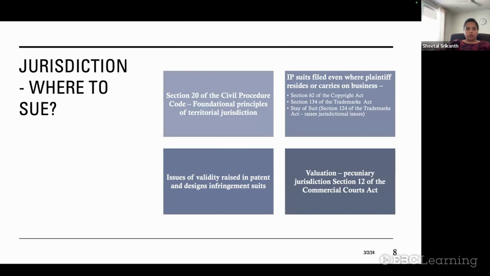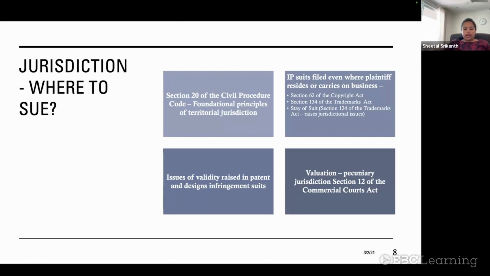So this is very different from how CPC otherwise applies, because you don't allow a person to file a suit where they reside or carry on business. They have to go to the jurisdiction of the defendant whom they are trying to pursue, right? But only in the cases of intellectual property, for the sake of convenience, we allow the plaintiff to sue where he resides or carries on business.